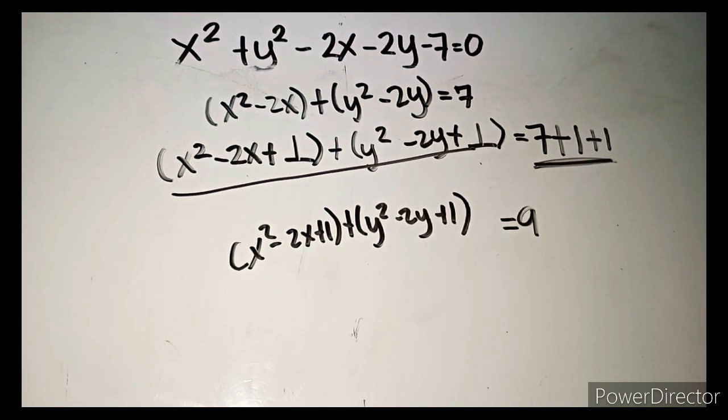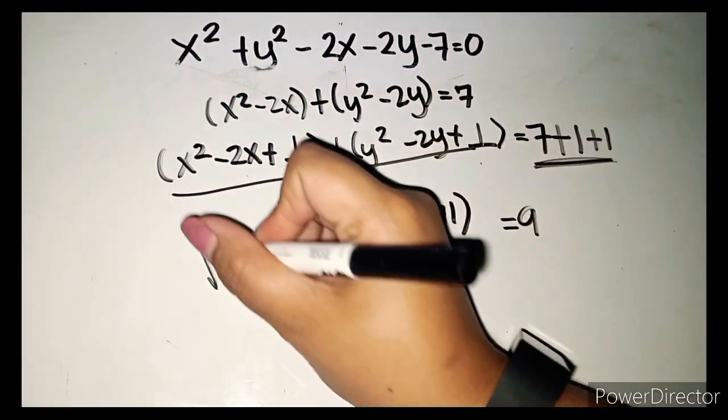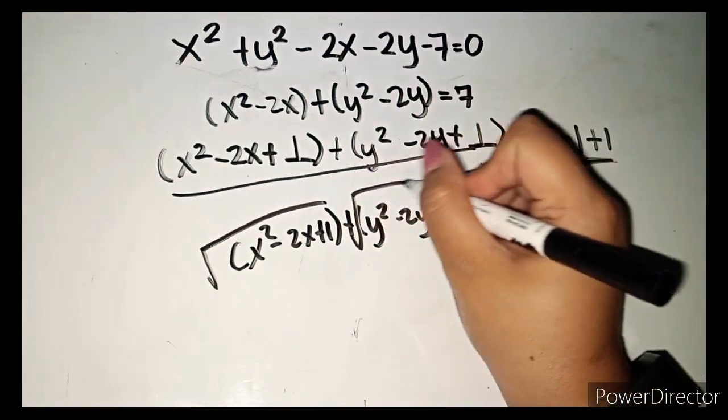So, next, ano yung dapat natin gawin? Okay? So, for this one, pwede na natin siyang i-transform into the standard form. Paano natin siya gagawin? So, i-square root lang po natin to.